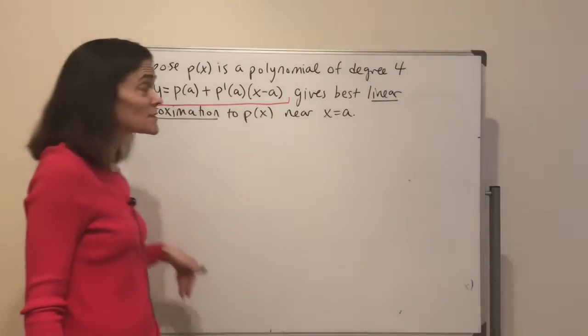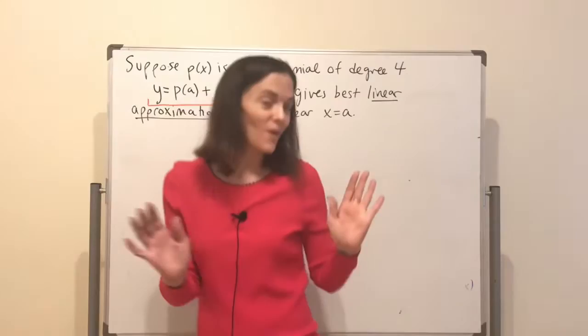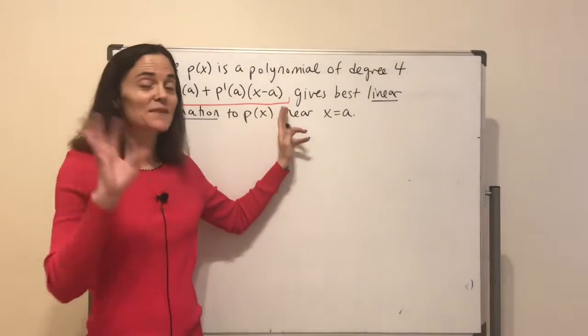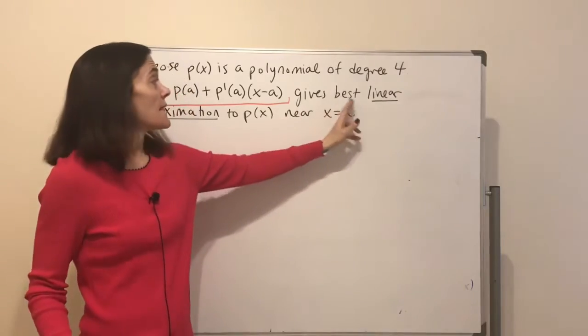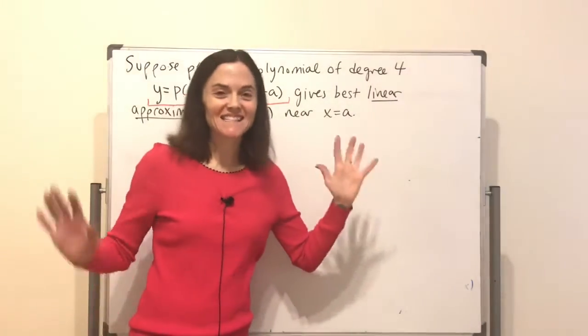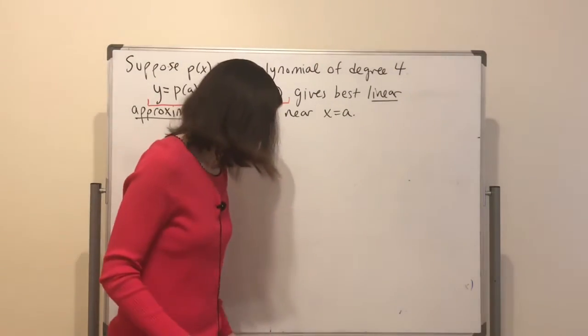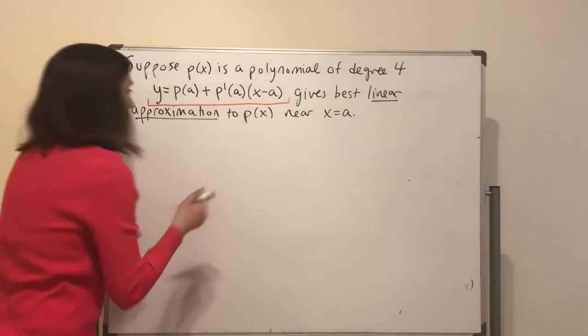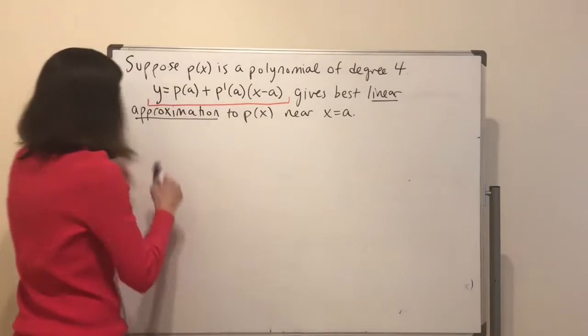So let's suppose I have some polynomial of degree 4, and this is the tangent line given some real number a, which gives the best linear approximation to my polynomial near x equals a. This we discussed. Now I want to make an observation.